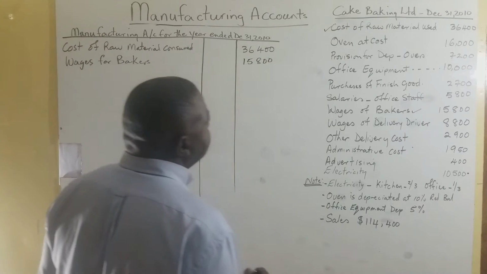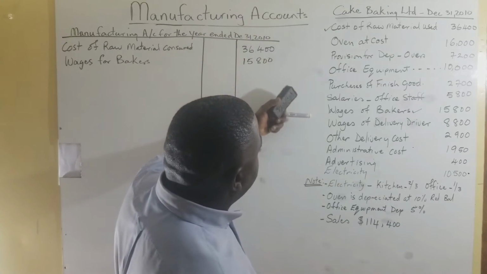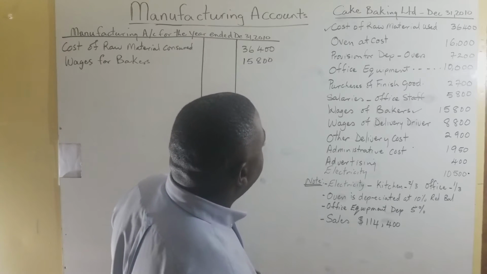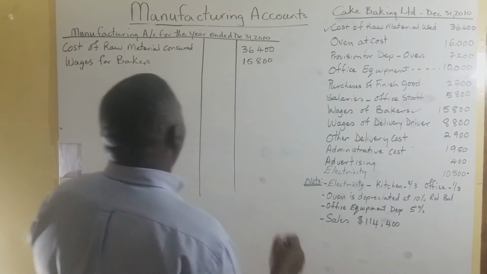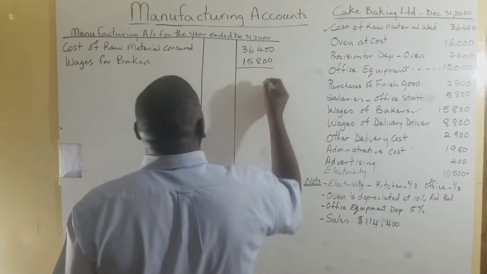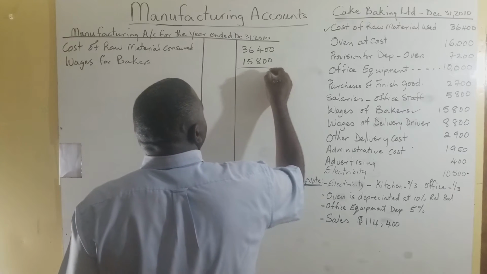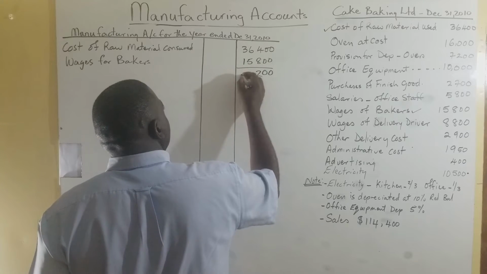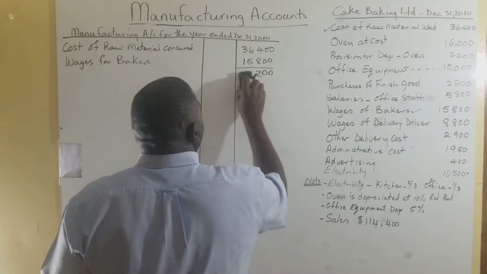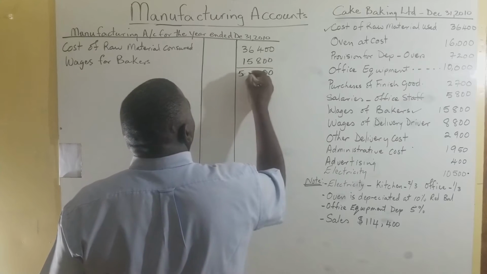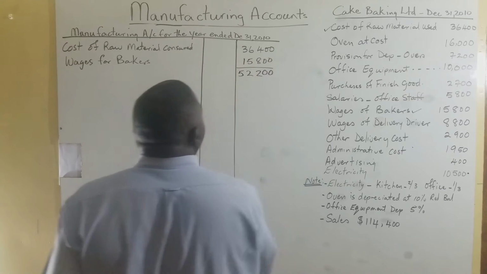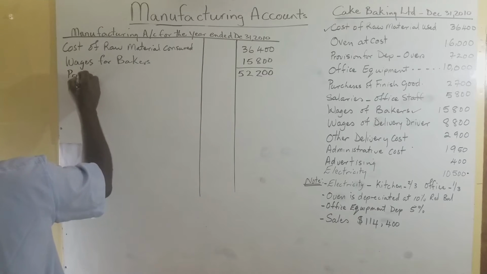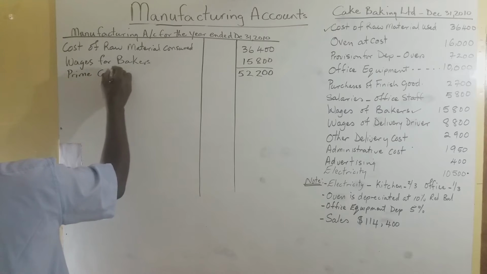All right, we check now. We'll look to see if there's any direct expense. No, there are no other direct expense. So we're going to just add these two elements to get our prime cost. All right. So this would be 52,200 to be our prime cost.